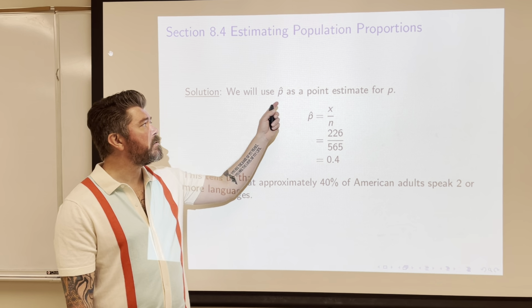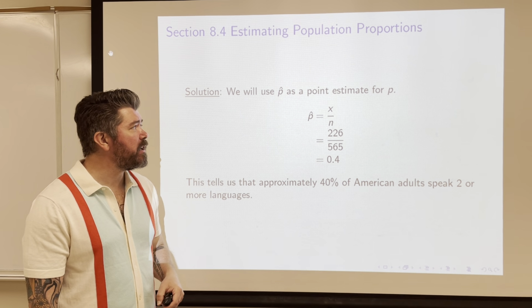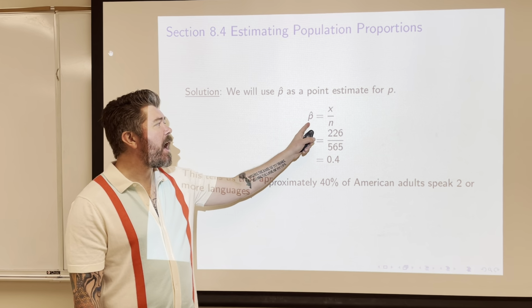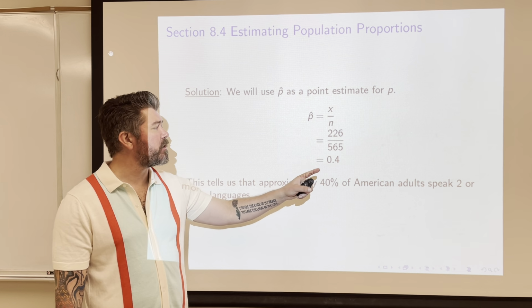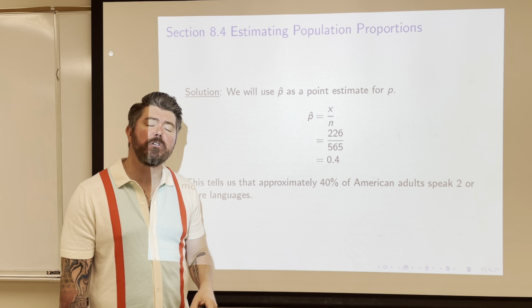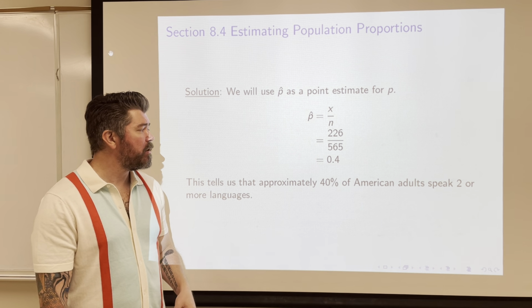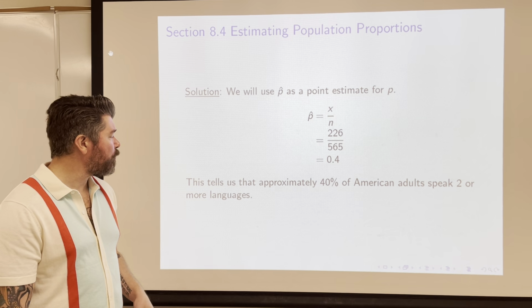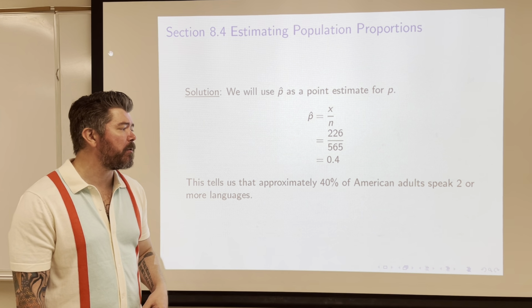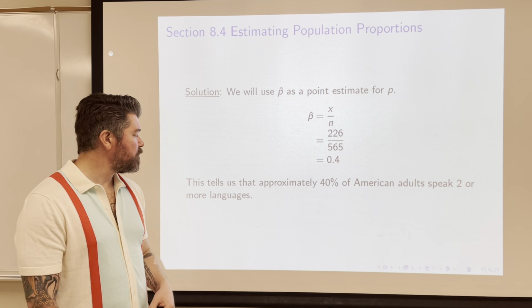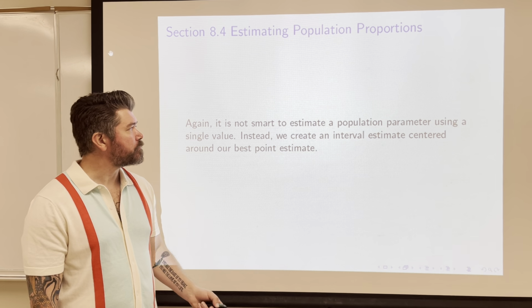So we will use P hat as a point estimate for P. P hat is x over n, remember, the number that satisfy the characteristic divided by the total number that we've sampled. And we get, in this case, 0.4. So this tells us that approximately 40% of American adults speak 2 or more languages.